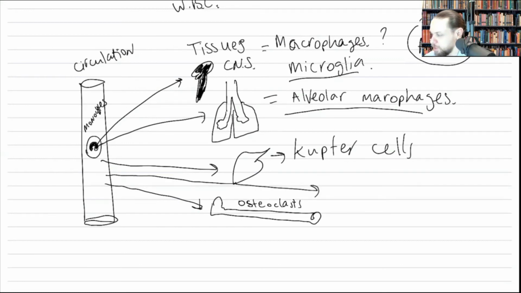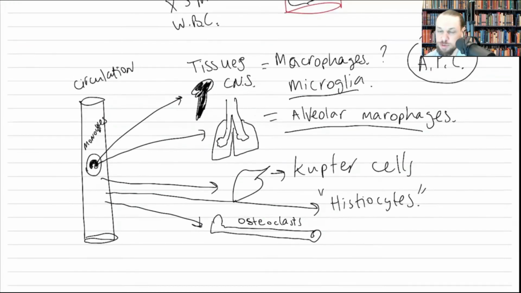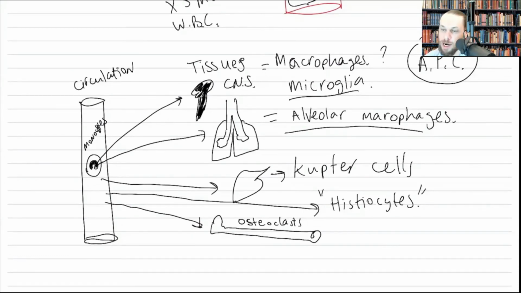They could be found in your skin and in your kidneys. Another term for these cells is histiocytes. So when they talk about histiocytes, they could be referring to the macrophages that are out of the circulation. The overall purpose of these cells is to patrol that specific area. They could live there for years, and their job is to find any bacteria or foreign invaders that they can engulf, and then either phagocytize them or present them to lymphocytes in order to create antibodies.